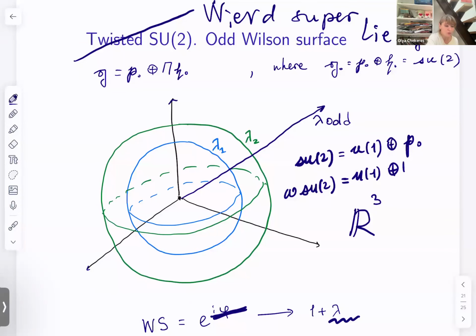I will explain in a moment why we called it weird. So we get some superstructure, we get grading, we get even part, which is, no, sorry, that's the other way around. We shift the parity not of the complement, but of the subalgebra. So now the subalgebra U1 is odd and the invariant complement is even.